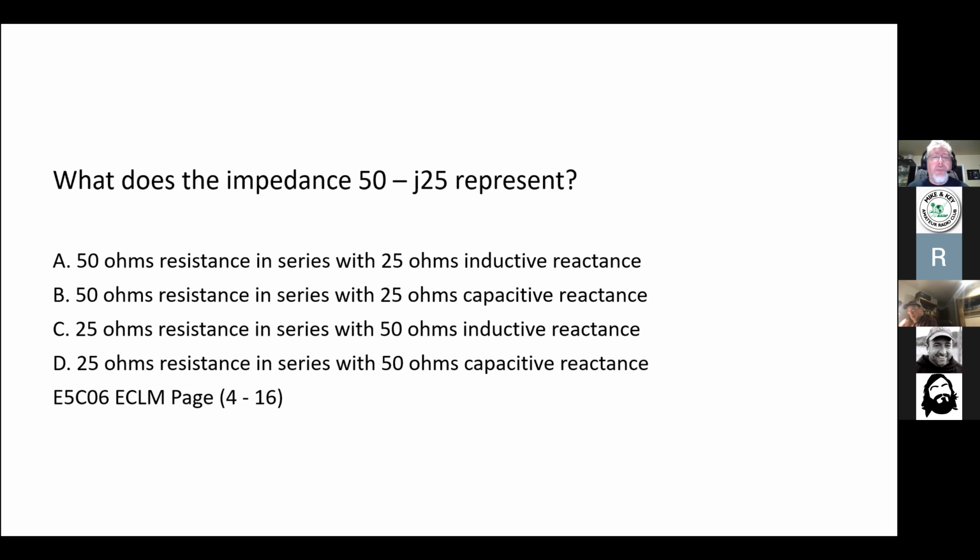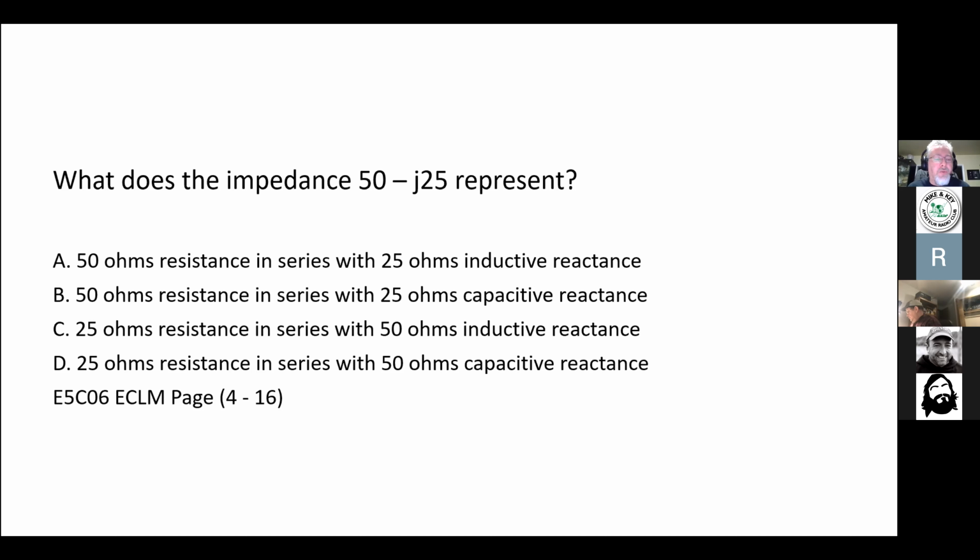What does the impedance 50 minus J25 represent? A, 50 ohms resistive in series with 25 ohms inductive reactance. B, 50 ohms resistance in series with 25 ohms capacitive reactance. C, 25 ohms resistance in series with 50 ohms inductive reactance.